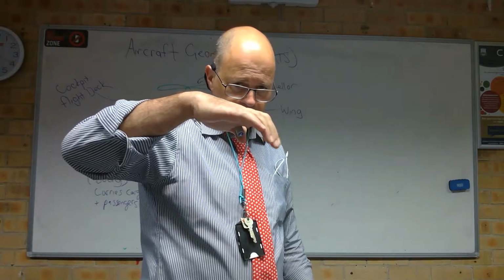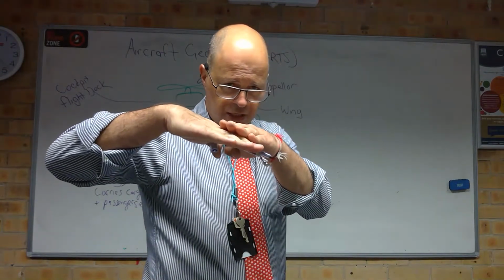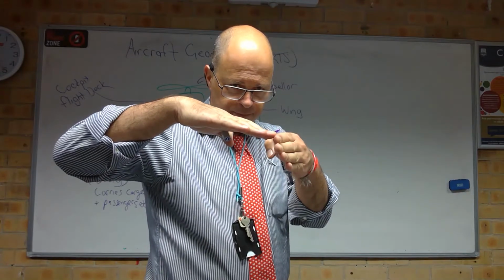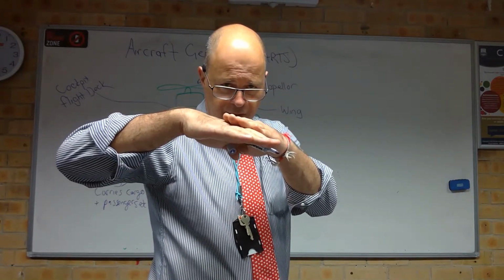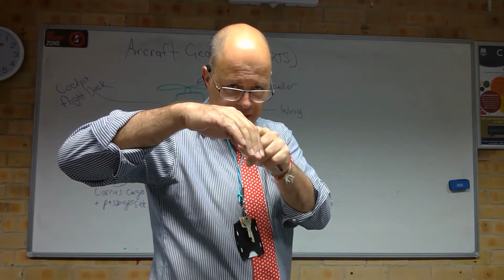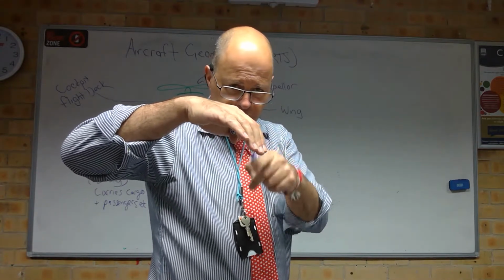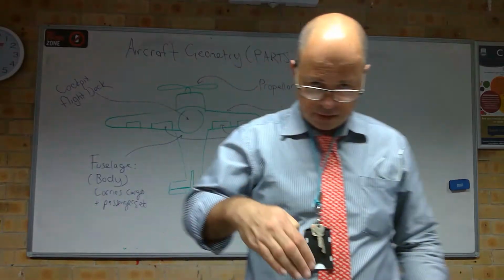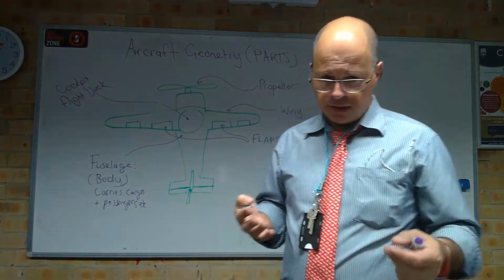You'll see them on jet airliners actually extend out and down. But on this type of aircraft, a simple aircraft, there's just a hinge in the wing and the flaps will go like that, effectively increasing the angle of attack and the amount of lift, okay? So that's a way of increasing lift.